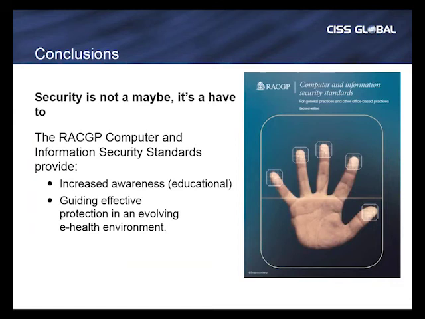So security is not something that you might be doing because you have more time. It's something that you absolutely must do. And using the RACGP Computer and Information Security Standards will help your awareness from an educational perspective, but also give you that guidance as to not just where to start, but how to do that improvement in a method that you can understand, but also in the time frames that you can actually manage.